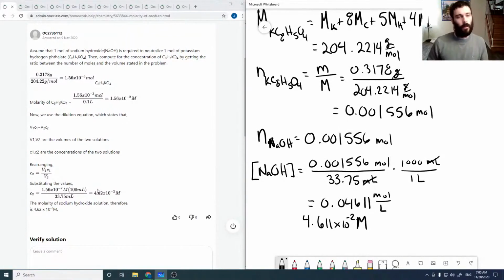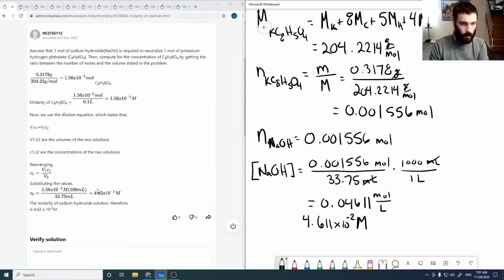The way the person who solved it did it was to say that the molarity of our potassium hydrogen phthalate must equal the molarity of the NaOH, which is true.